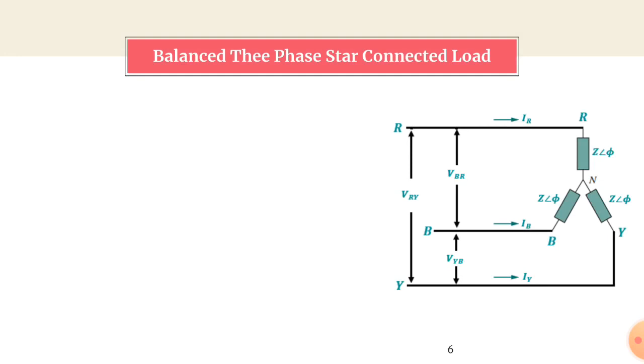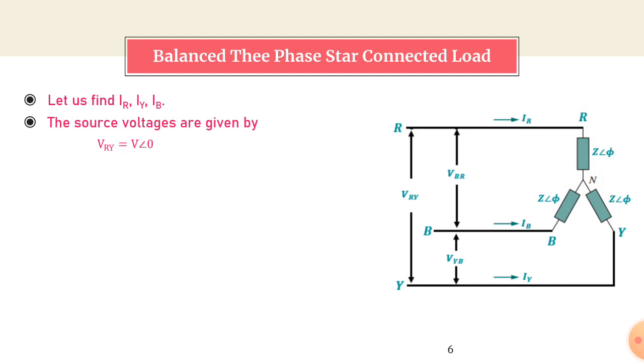Now let us try to find the currents IR, IY, IB. IR is the current flowing through the R phase, so I is equal to V by Z. The voltage across this R phase is VRN, and this impedance is Z at an angle phi. The source voltages you can write as VRY. Usually while solving problems they will give the source voltage as a line voltage, and we have to write in this form.